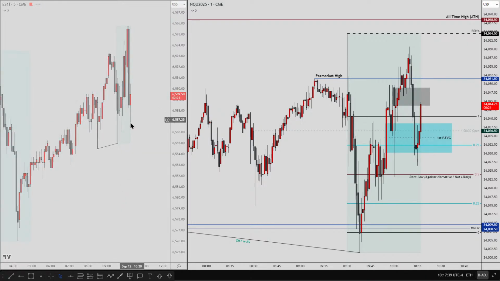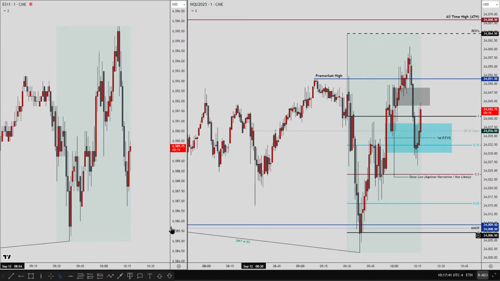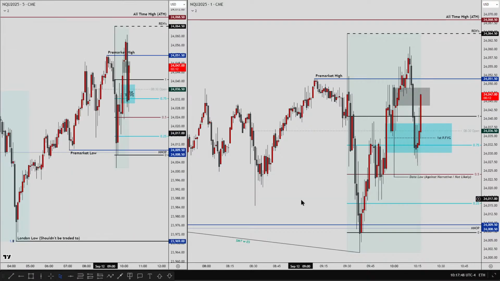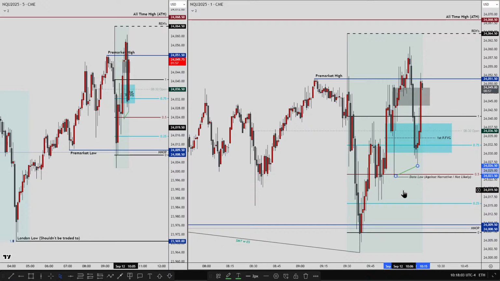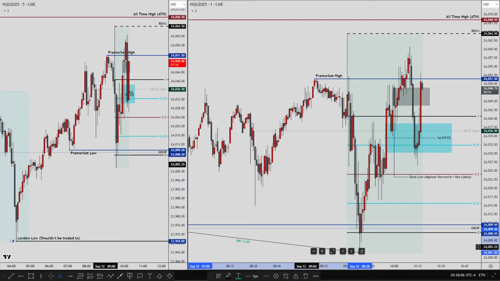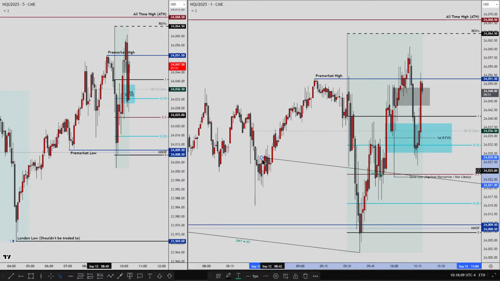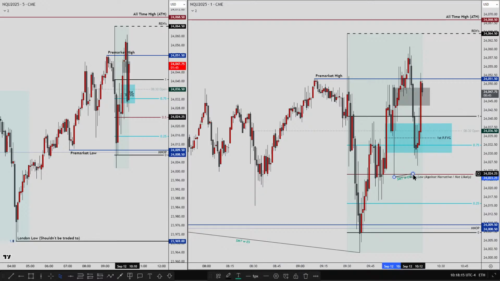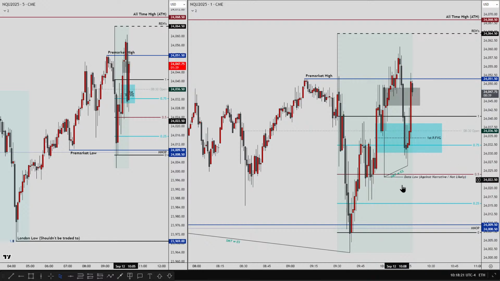And you're in the discount of the New York AM range on both pairs. Let's just do this. See that?